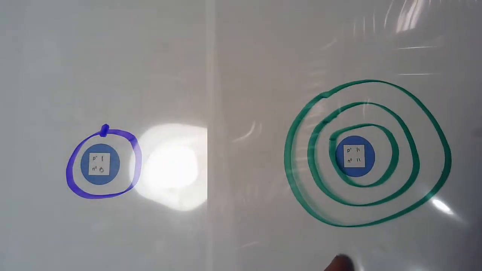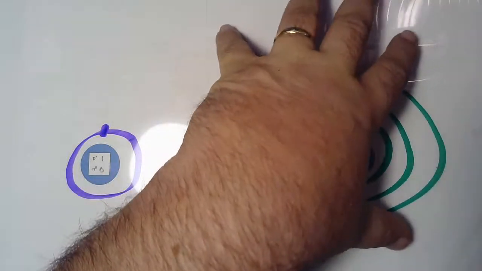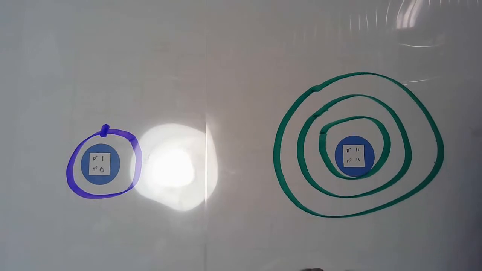Let's keep moving down group 1. Our next one down group 1 is sodium. Sodium has 11 protons and 11 neutrons to give it that 22 mass. And it has 3 energy levels where the electrons will be found. A new energy level outside of the previous one causes it to become bigger. So as you move down, there's a trend happening.